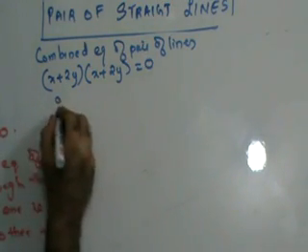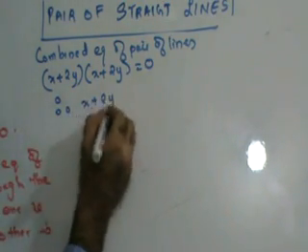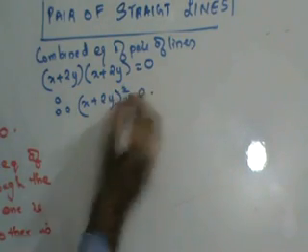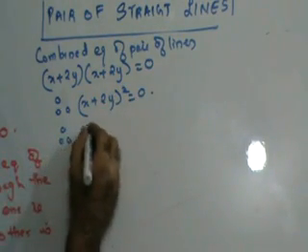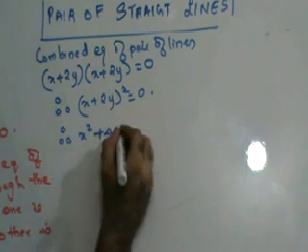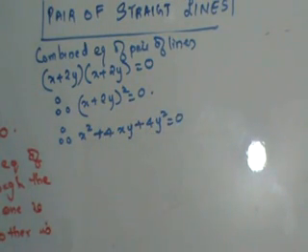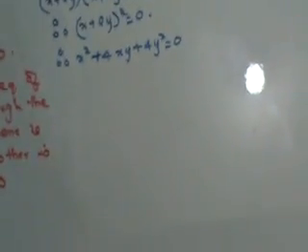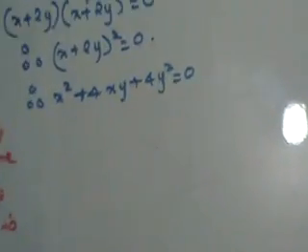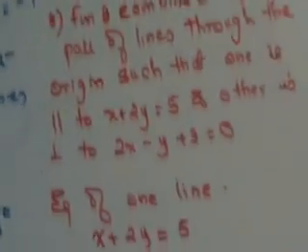We have multiplied the two equations. So x plus 2y, the whole square is 0. Therefore, x square plus 4xy plus 4y square is 0. That will be the combined equation of pair of lines required. Right? Let's move on to the next sum, guys.